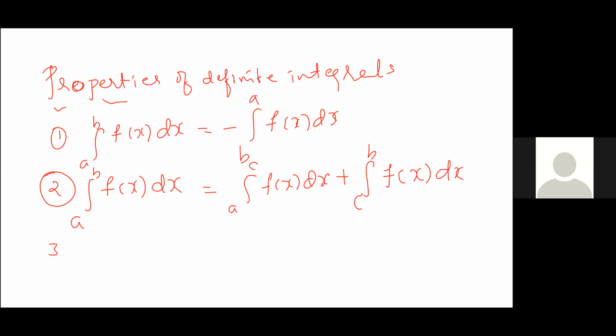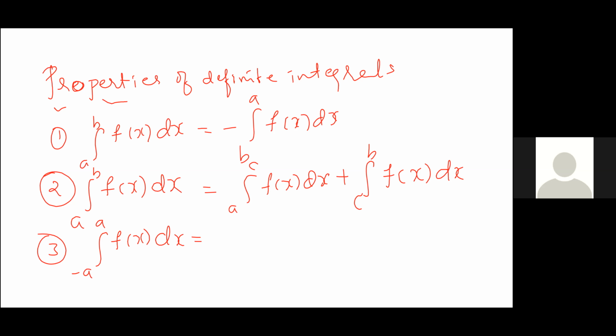Third property is a very important one. Integration from minus a to a of f of x dx. Have you remembered this property? Usually problems will be based on this property only. It's 0 for odd, and for even it is 2 times the integration from 0 to a of f of x dx.